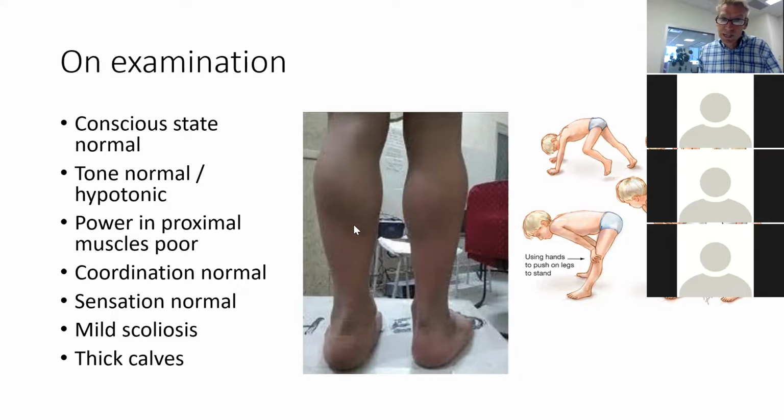And he had very thick calves. It's hard to see from this picture, but this is a picture of his calves, and they were very thick. And when he got up from the floor, he could stand up by pulling himself to stand. And as he got older, he did this. He would try to get up like this, climbing up his legs. So can anyone recognize what that sign is?